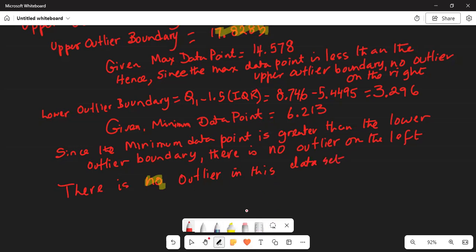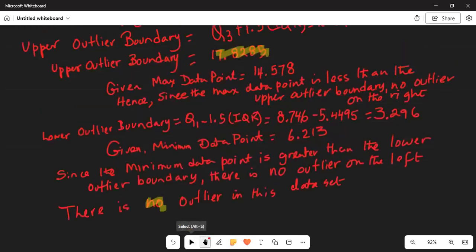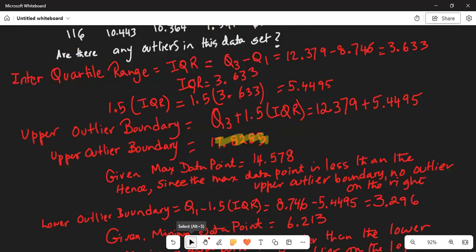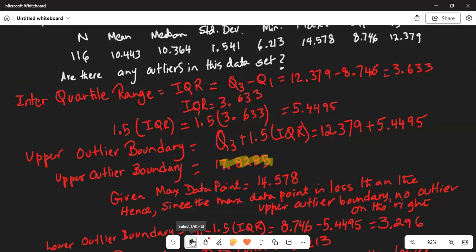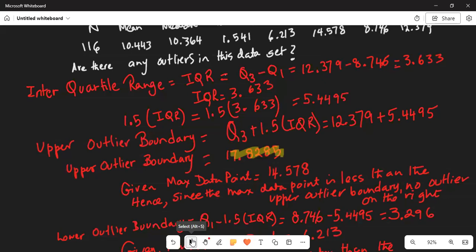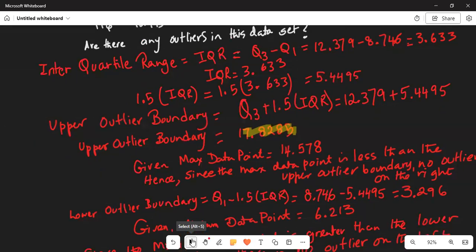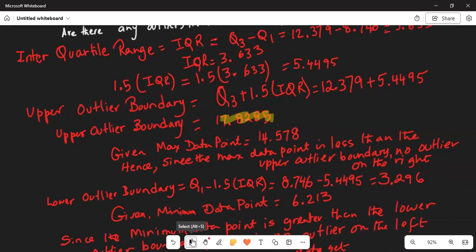Before I stop, I want to give you an important tip. First you find the interquartile range, which is Q3 minus Q1. Then you multiply that by 1.5. The upper outlier boundary is Q3 plus 1.5 IQR, and similarly the lower outlier boundary is Q1 minus 1.5 times IQR.